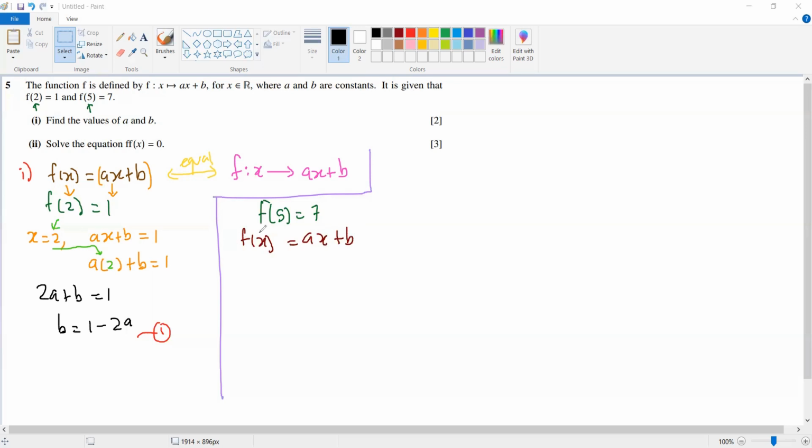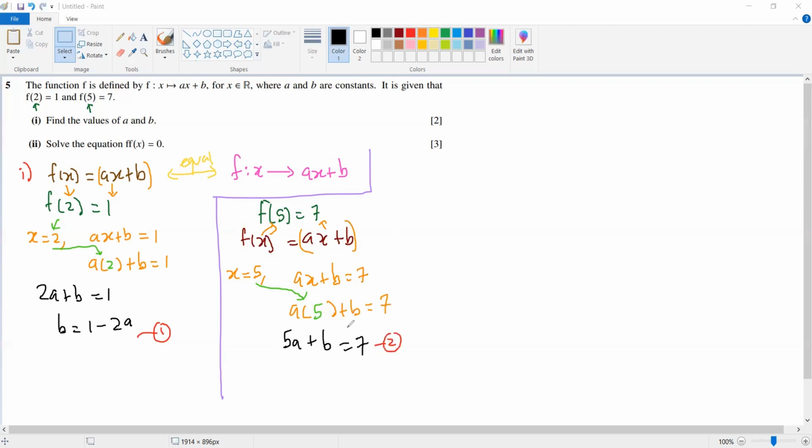In the similar style, x equals 5 is the substitution matching here, and from here to here we match it up with the 7. So x is 5, please take note, and this becomes 5a plus b equals 7. This would be the second equation.